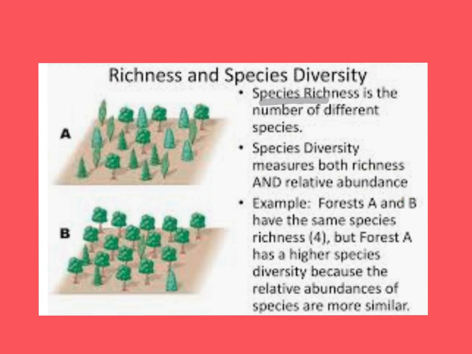If you compare forest A with forest B, both have the same species richness. They contain the same number of species. But forest A has a higher species diversity because the relative abundances of species are more similar, so there is more evenness, or more distribution, of species.